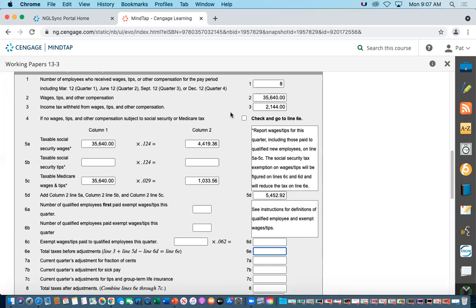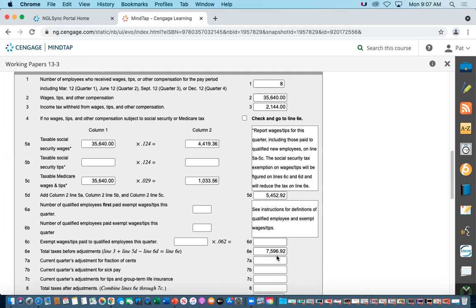We're adding the income tax withheld plus all of our Social Security tax plus all our Medicare. If you think about what it is, this is employee income tax, this is Social Security, this is Medicare. We add them up, all right? So that number stays the same, 7,596.92.